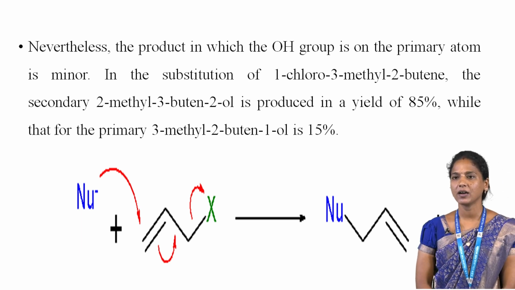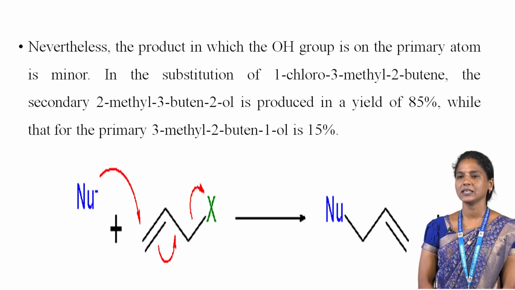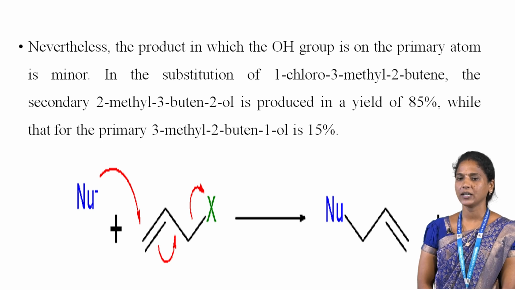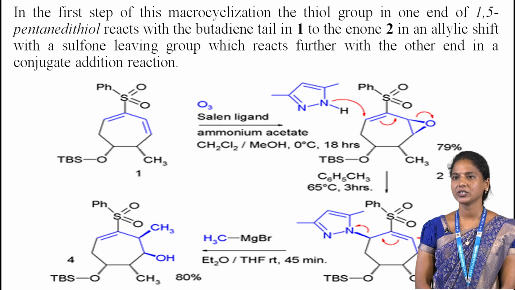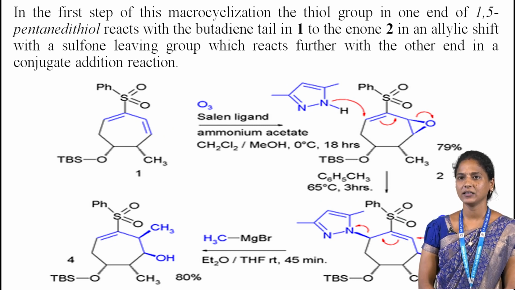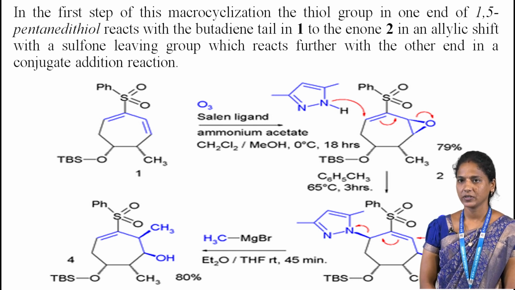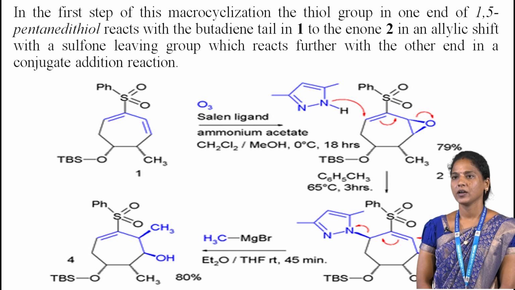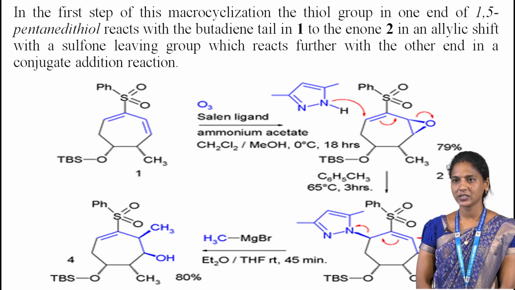In the reaction mechanism, the nucleophile attacks not directly at the electrophilic site but in a conjugate addition over the double bond. In the first step of the macrocyclization, the diol group at one end of the butadiene diol reacts with the enone in an allyl shift with the sulfone as the leaving group, which reacts further with the other end of the conjugate addition reaction.